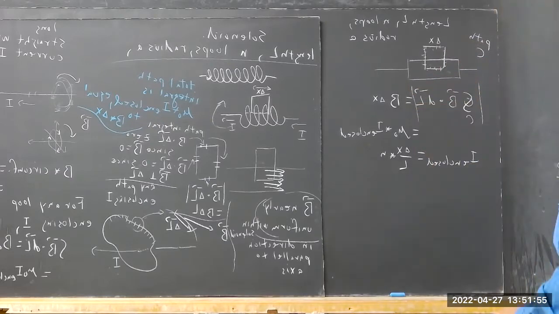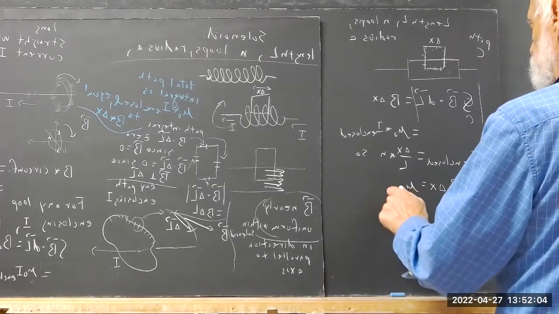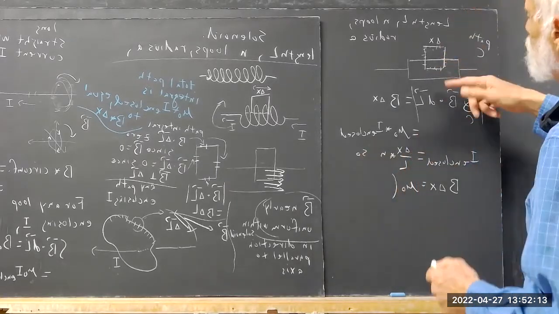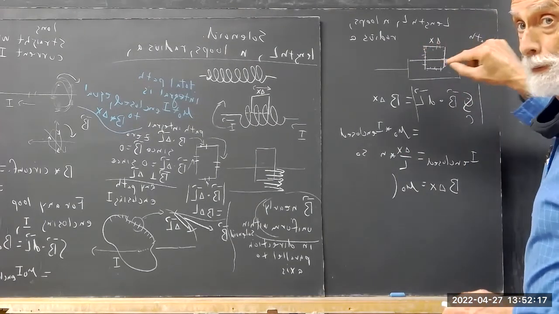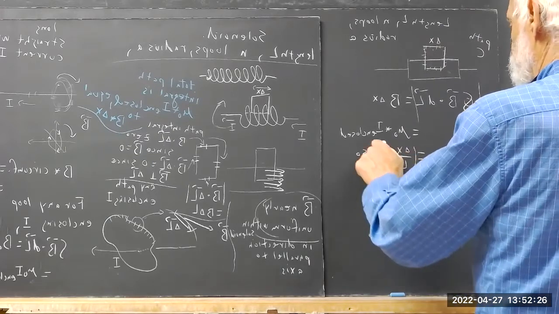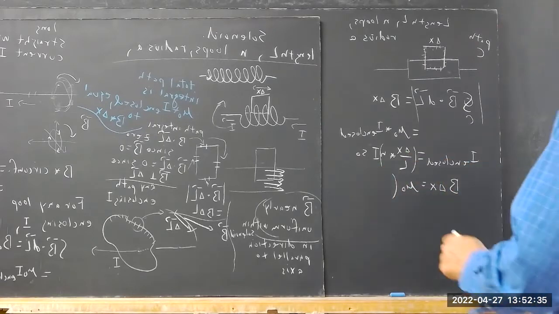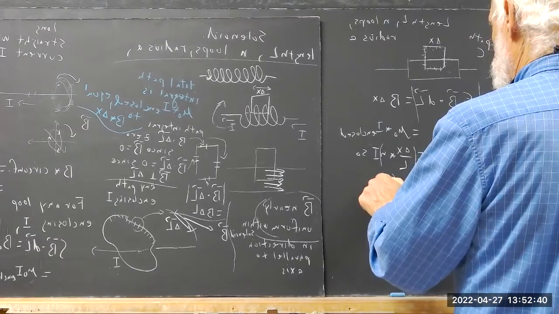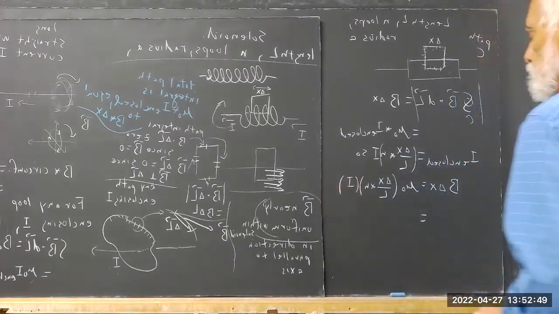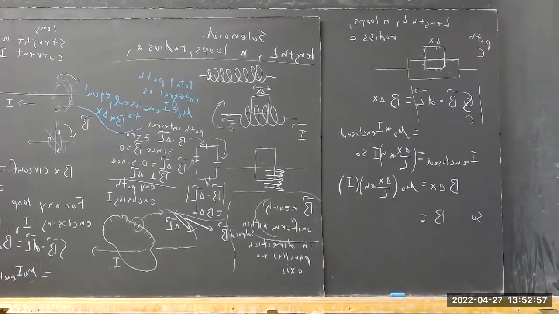And this is how many loops have a current going through the path C, cutting inside the path C. So it's this many loops multiplied by the current. So what's B?